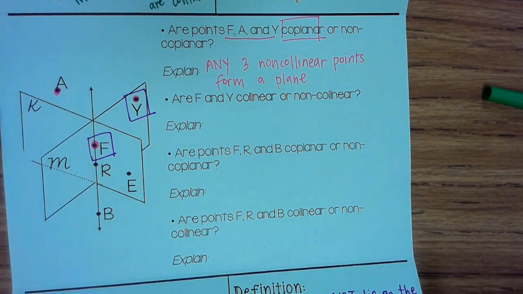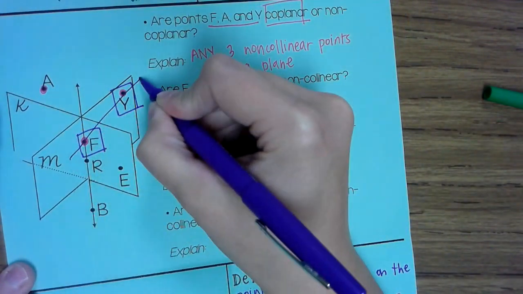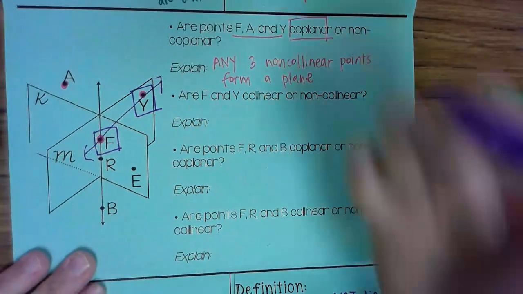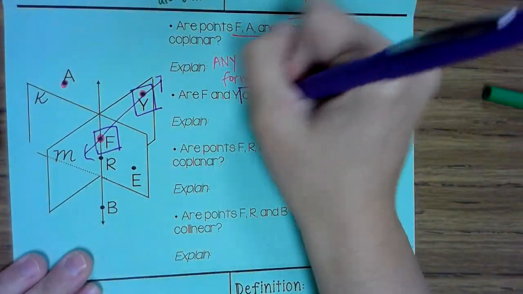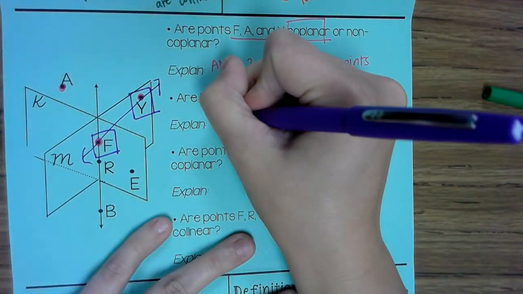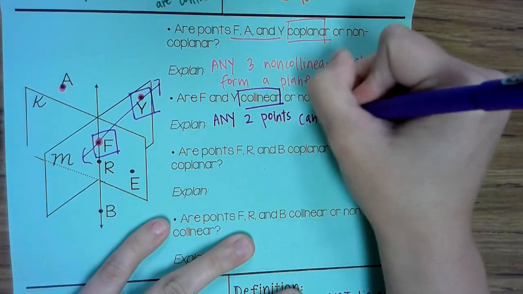So if I give you point F and I give you point Y, can you make a line between those 2 points? Absolutely. Is that line drawn on here? No. I can draw it if that makes you feel better. There it is. Are F and Y collinear? Absolutely. Okay, and my explanation there is going to be the same as it was before. Any 2 points can form a line.